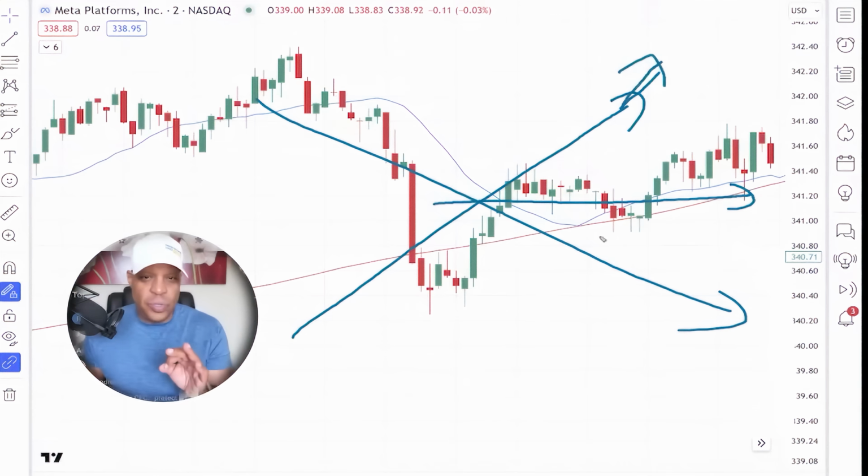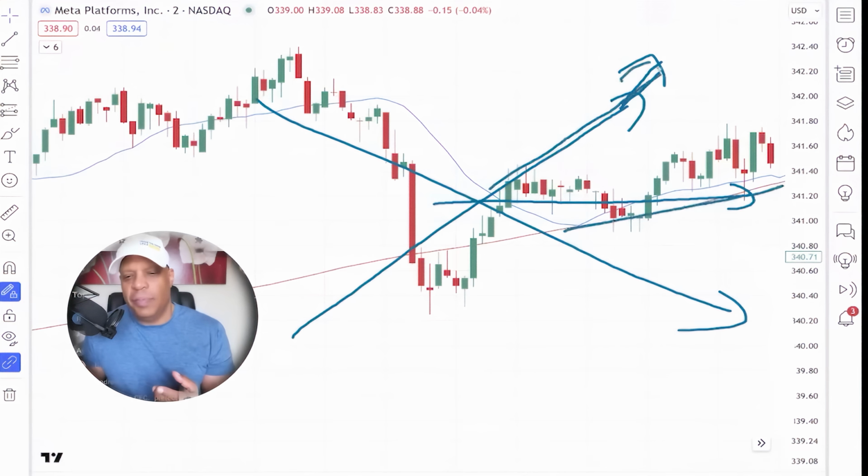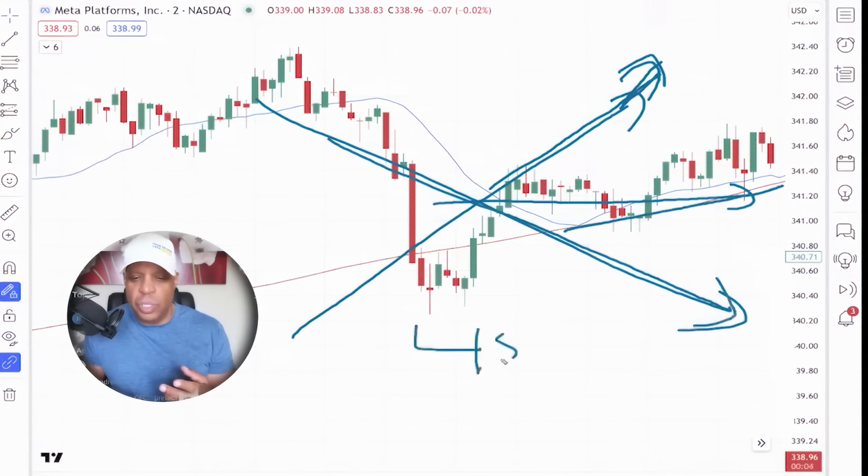I don't want you to be so particular where you say, no, Oliver, that's sloping upward. Yeah, but it's not sloping upward at 45 degrees. Oliver, that's sloping downward. Yeah, but it's not sloping downward at 45 degrees. So I want you to use 45 degrees as your base case for, is my moving average a trending moving average, or is it kind of in limbo in between?